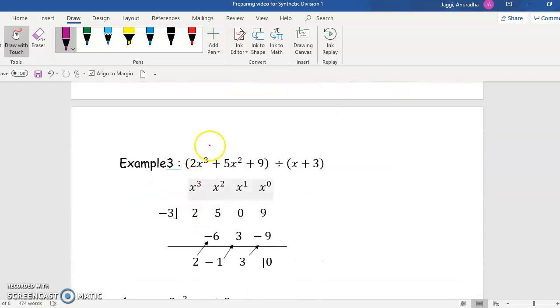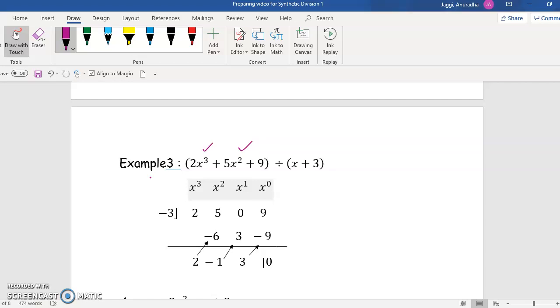Here in the next example, let's check the dividend first. The exponent of the highest power is 3, then 2, and after x to the power 2 should be x to the power 1, which is missing.